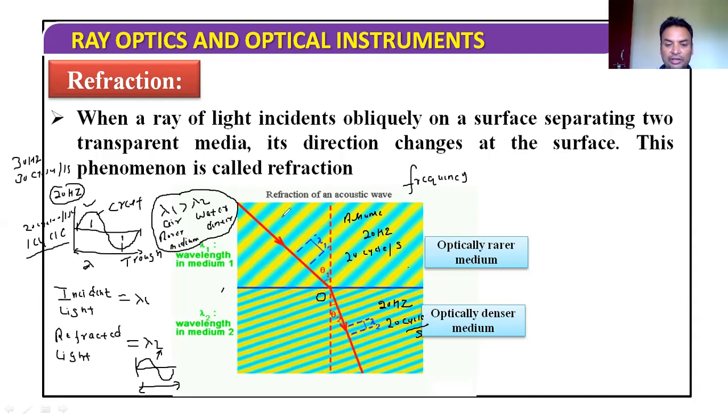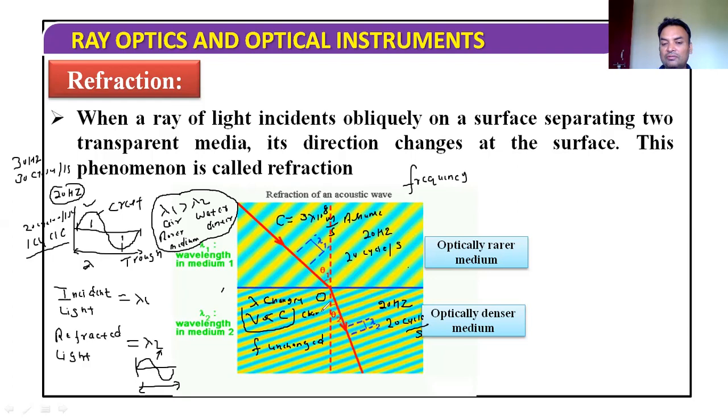The speed in the air is the speed of light, 3 into 10 raised to the power 8 meter per second. And now in the medium, the speed will become v, that will be less than c. So velocity changes, wavelength changes, but frequency remains unchanged.